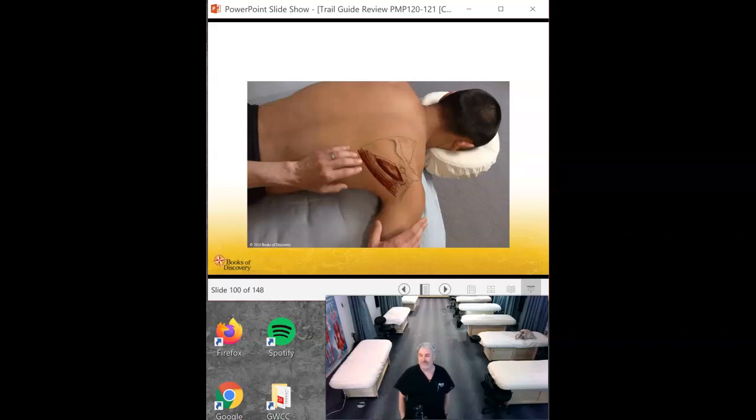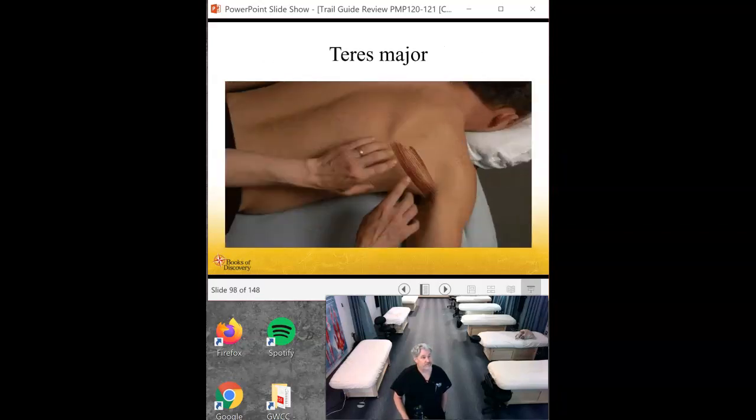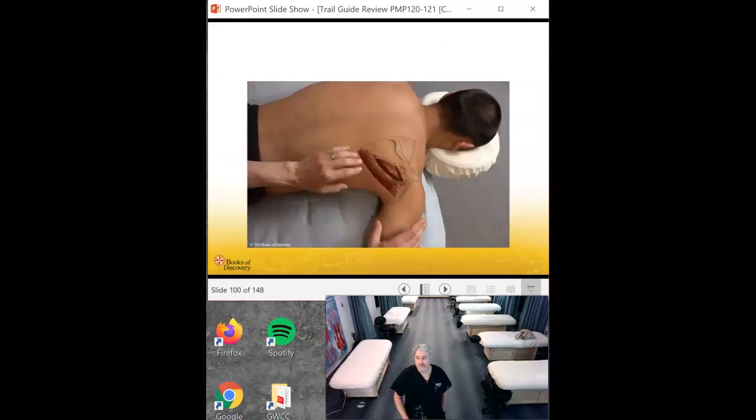I couldn't see the screen, but the one you just asked me about is teres major. So what are these two muscles? Because you're right, one of these is the teres major. Latissimus dorsi? No, latissimus dorsi is too big. It's back there. Teres major, teres minor. Yeah, stop right there.